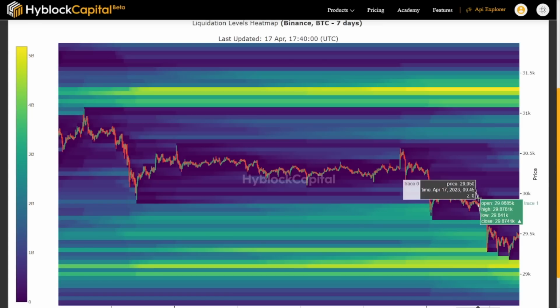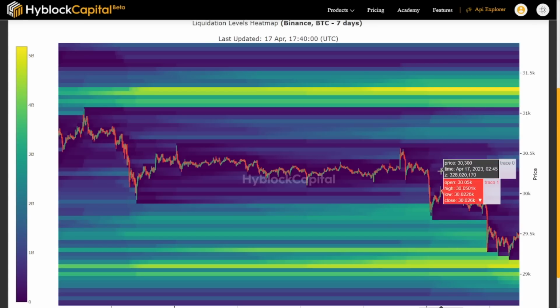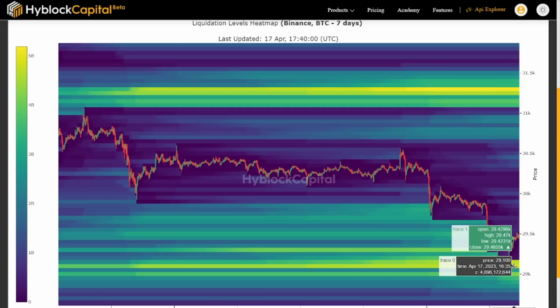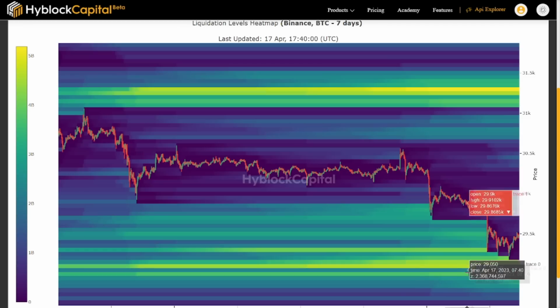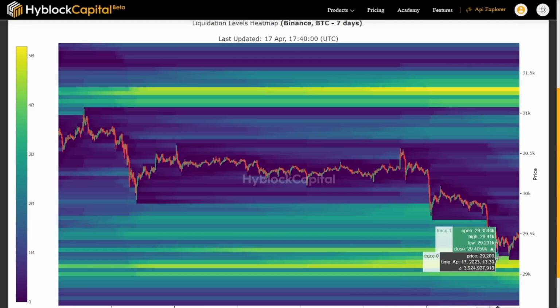So that was pretty much what I wanted to say in the Sunday update and in my previous tweets. That's why we have a very interesting zone right below us, 29,100. What gets my attention is that Bitcoin went to 29,200, so close to 29,100, and went up.